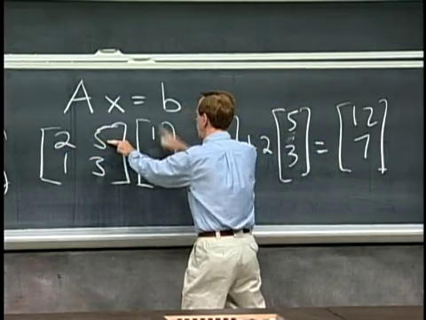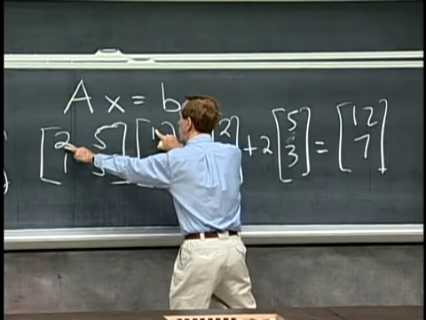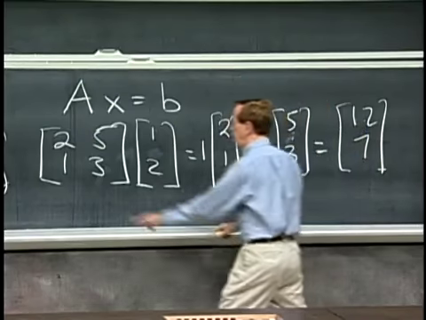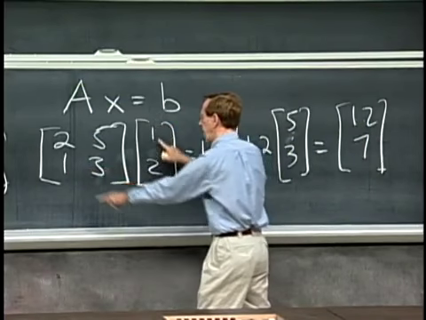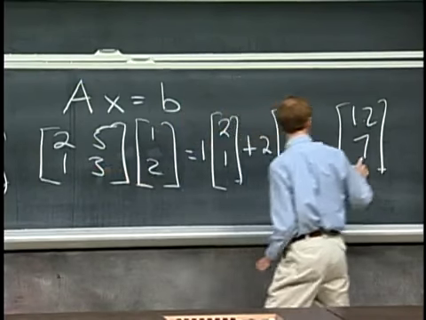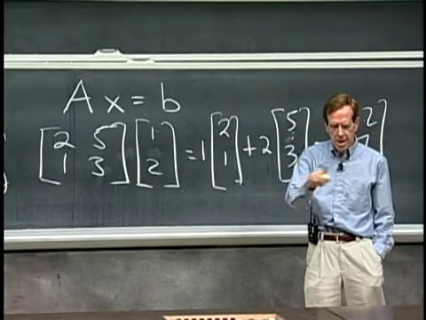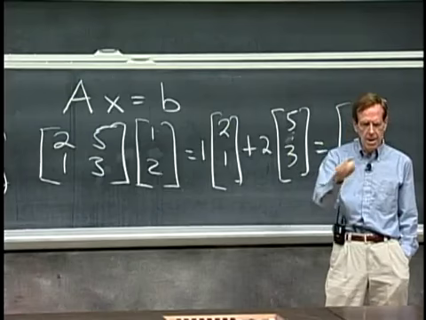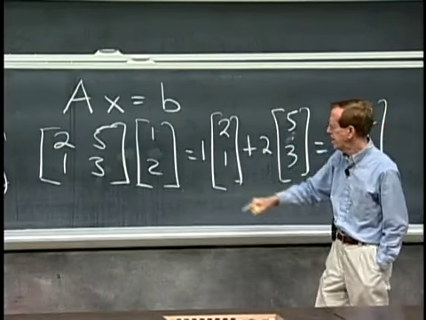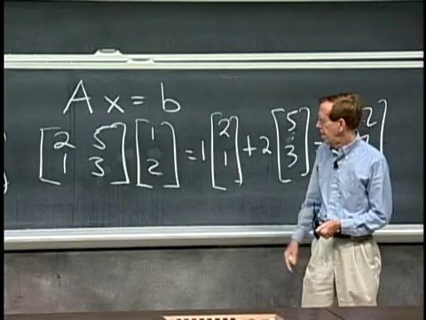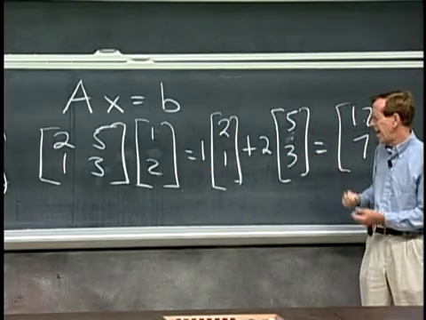This vector times this vector: 2 times 1 plus 5 times 2 is the 12. This vector times this vector: 1 times 1 plus 3 times 2 is the 7. So I can do it by rows, and each row times my x is what I'll later call a dot product. But I also like to see it by columns.